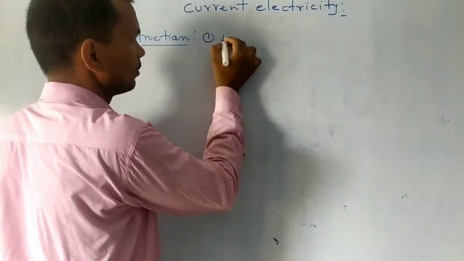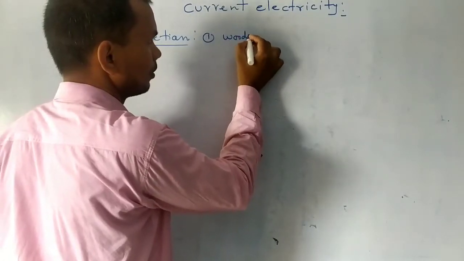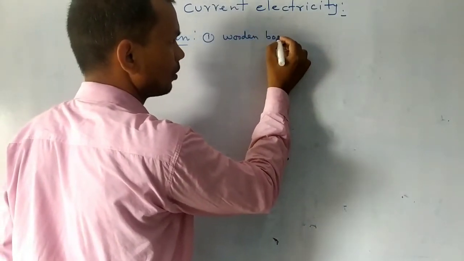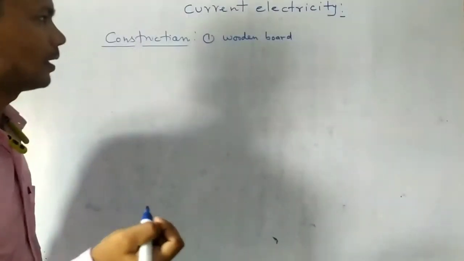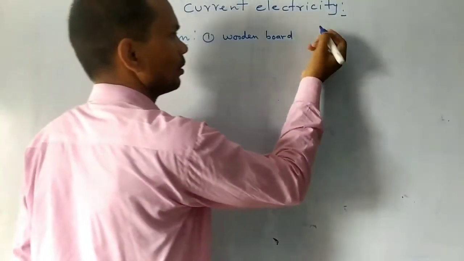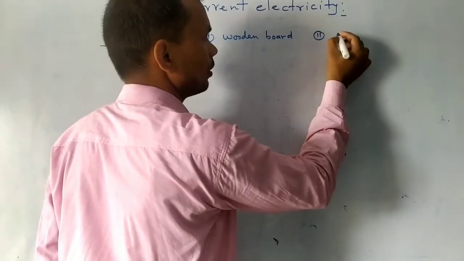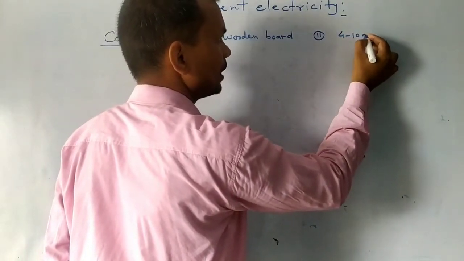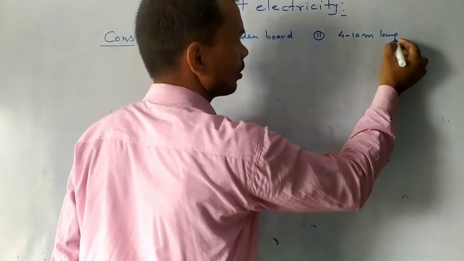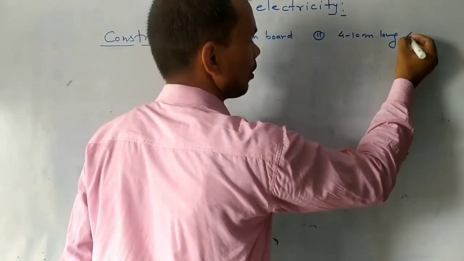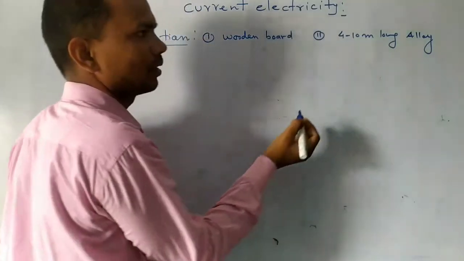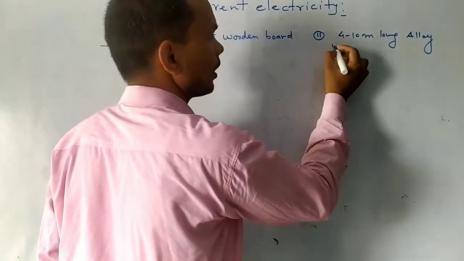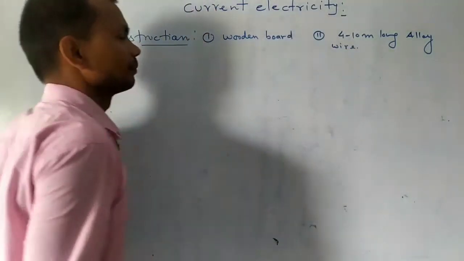This is the first one, wooden board, and on this wooden board, nearly 4 to 10 meter long alloy wire like manganese or constantan.